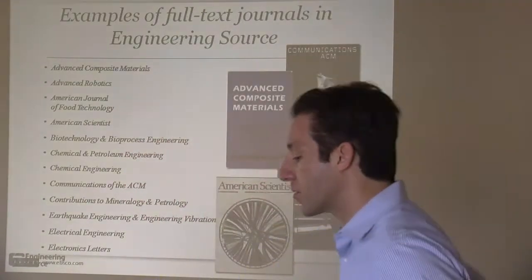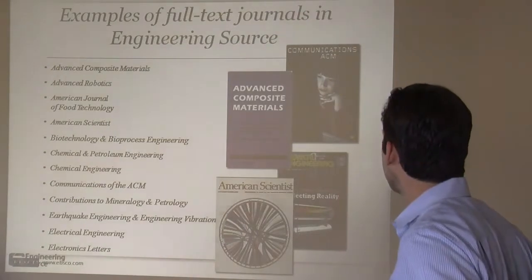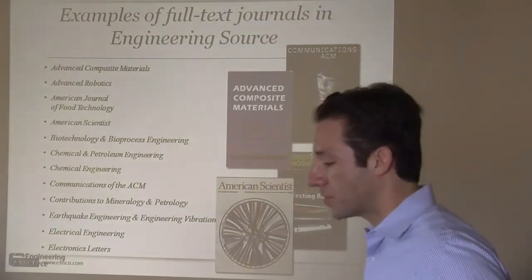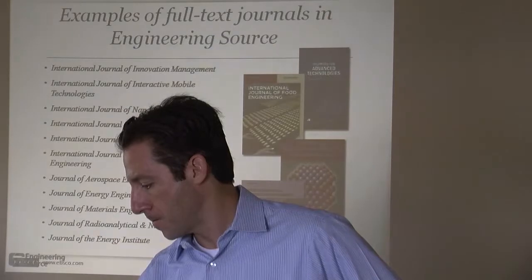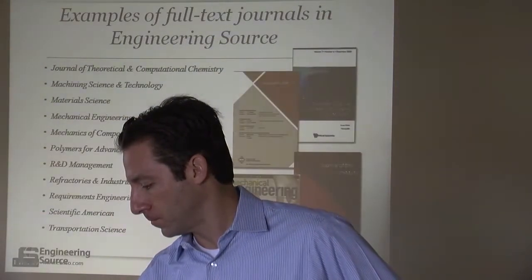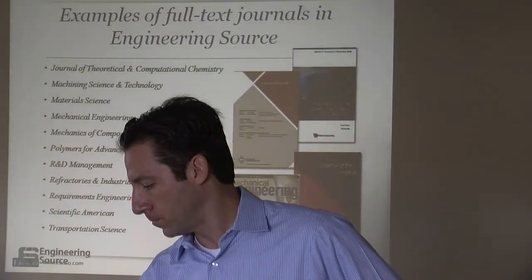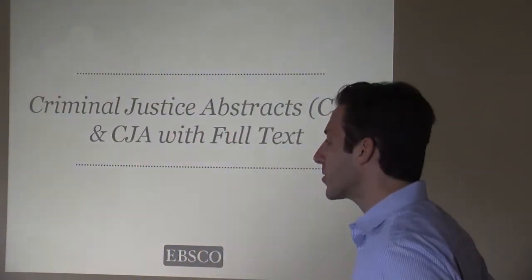And to give you some idea, so what are some of these publications that we provide access to in this database? So here's just some cover slides that you can see. So that was the Engineering Source.